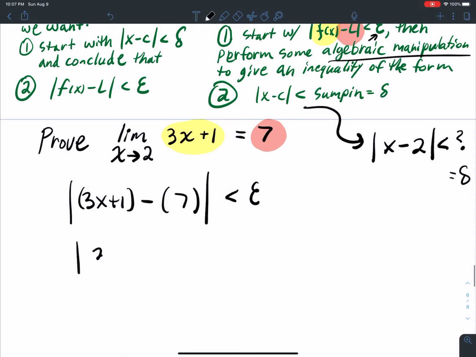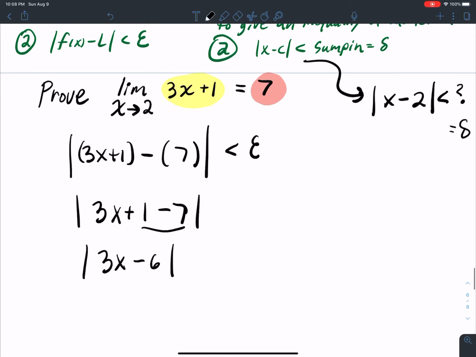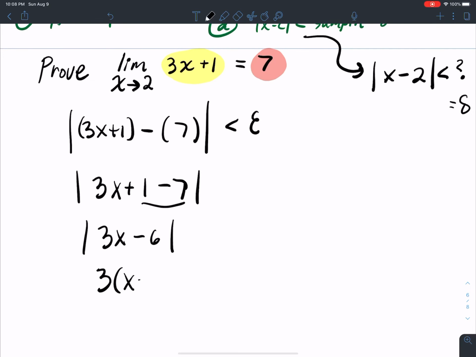So if I simplify, I have 3x plus 1 minus 7. So 1 and minus 7 make 3x minus 6. Okay, this is looking good. How can I turn 3x minus 6 into x minus 2? Well, I can factor a 3 out of this, and I have 3 times x minus 2.